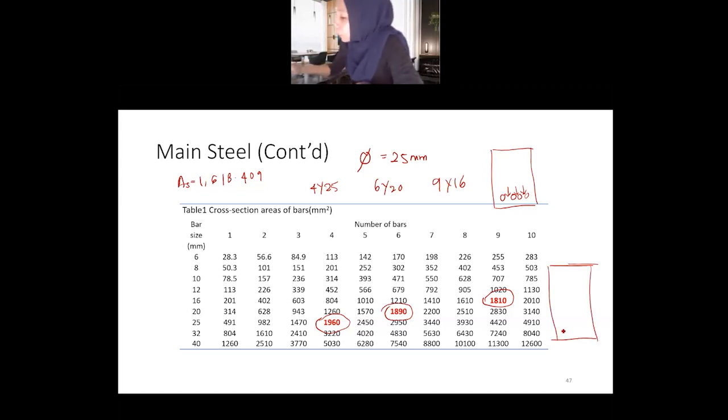Cuba awak guna 6 biji. Tak tahulah macam mana masuk. Cukup ke? Muat ke? Konkrit nak masuk ni? Muat ke poker vibrator nak vibrate dalam ni? Nak masuk dalam celah lubang ni, nak vibrate konkrit kat bawah ni. So, kita kena tengok on that side. Sampai 9 lagi tak masuk akal.